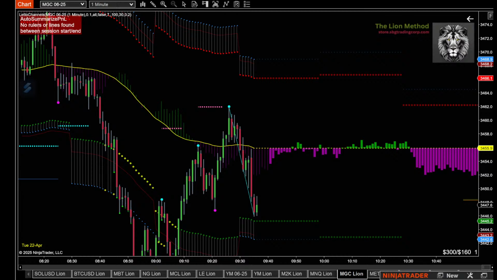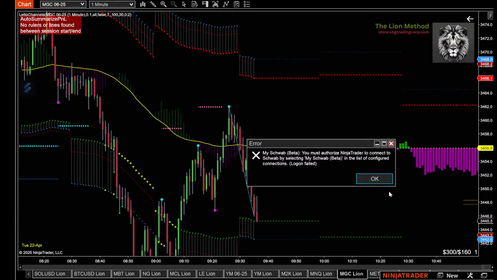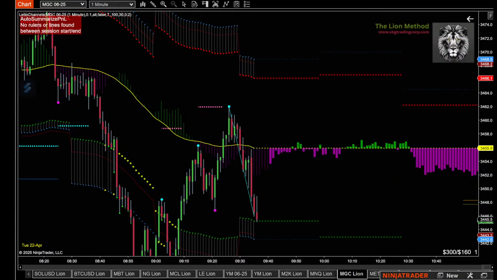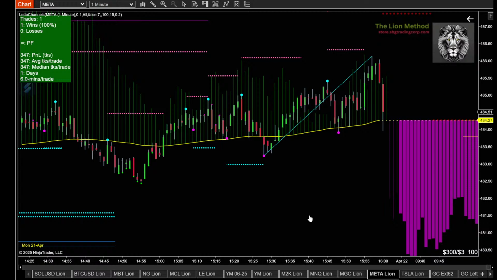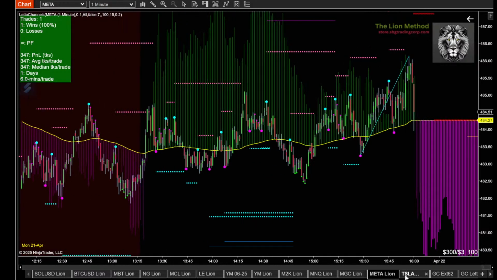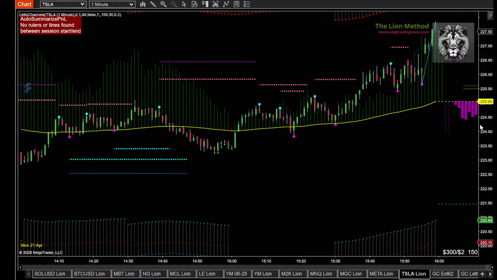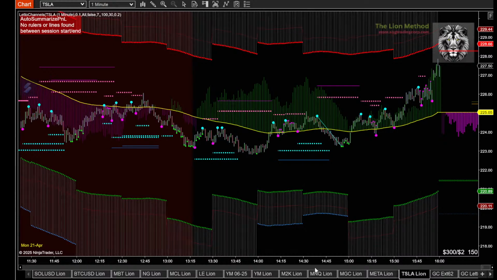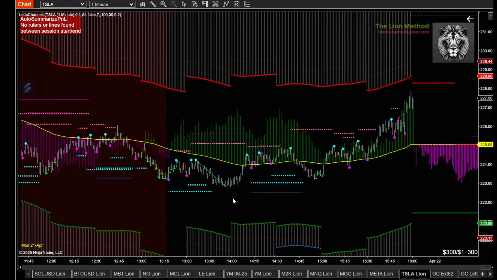Let me see if I can connect with our Schwab data feed. It is not online right now. Otherwise, I would look. I've got two stocks open here. This is Meta, and take a look at Tesla. Same Lion configuration, two indicators.